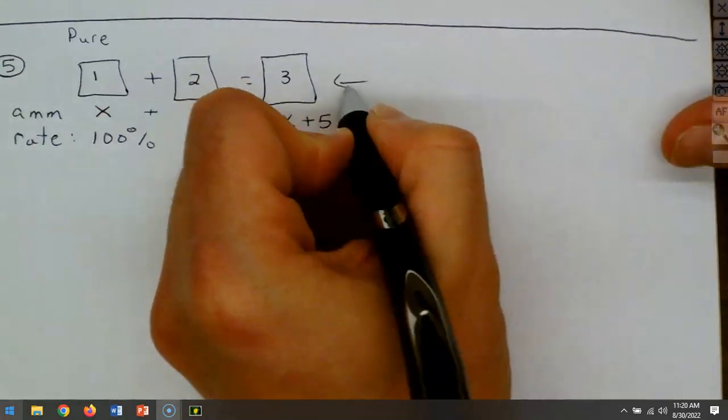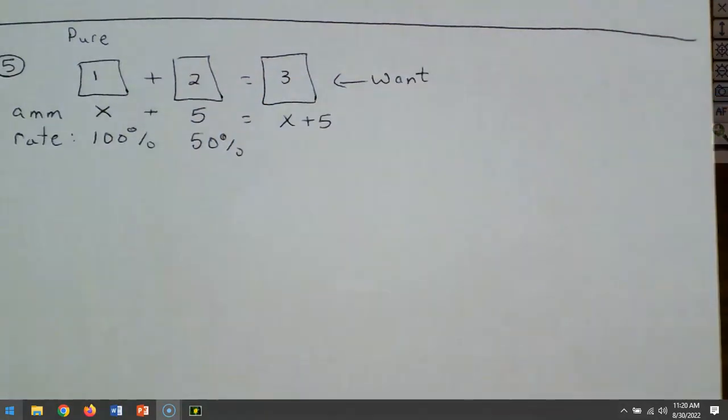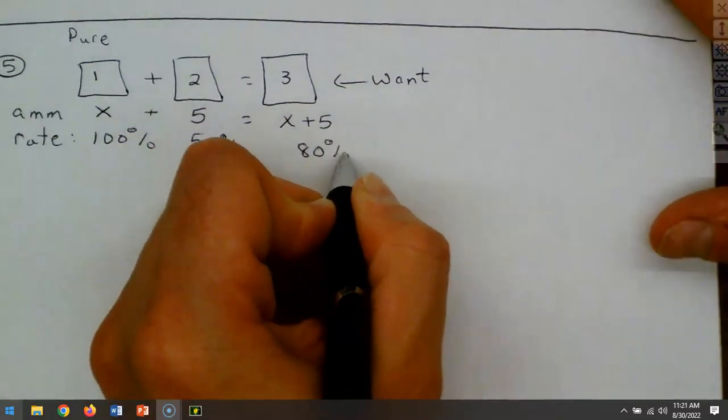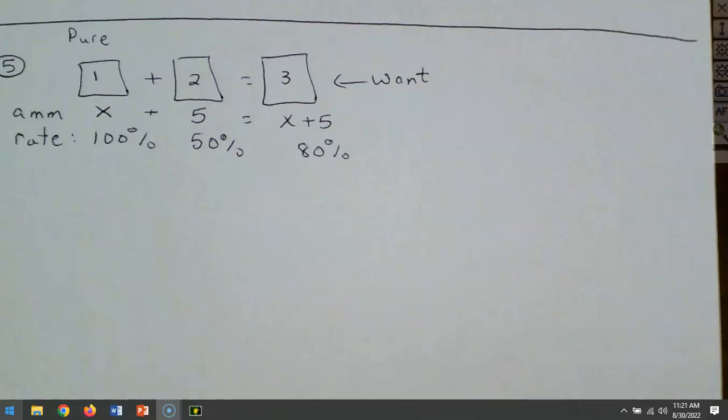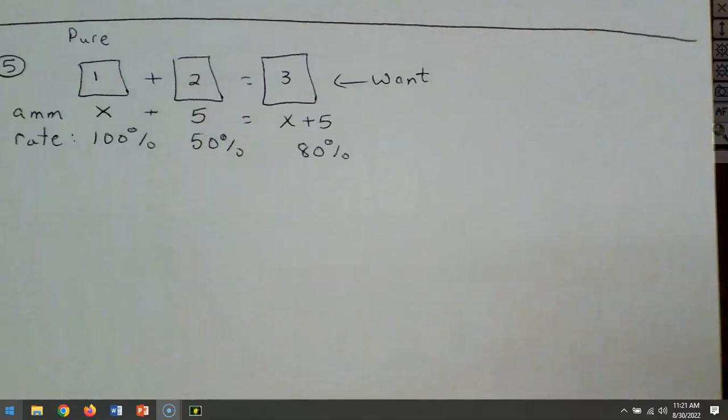And what do we want at the end? We want to get what? Yep, we want to get 80%, so that's going here. Is everyone okay with that so far? Now we make our equation, and our equations are based on the pure.